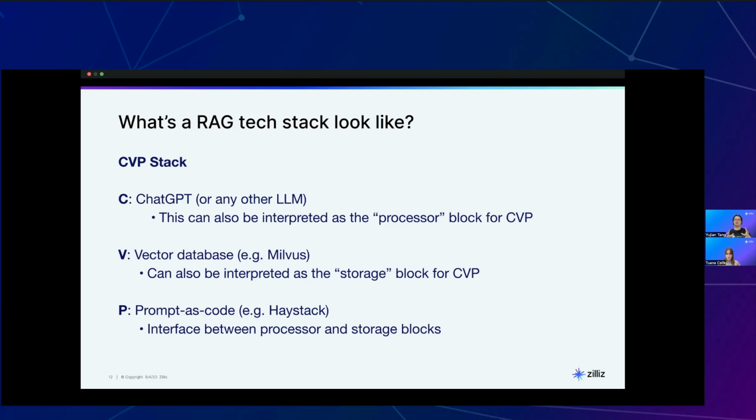And this can be interpreted as the storage block. This would be your memory, your ROM. And then there's prompt as code, which essentially augments the prompts to give a correct prompt to the LLM in order to get the response that you need. And an example of something that you can use with this is Haystack, which is mainly used for the orchestration of these pipelines.